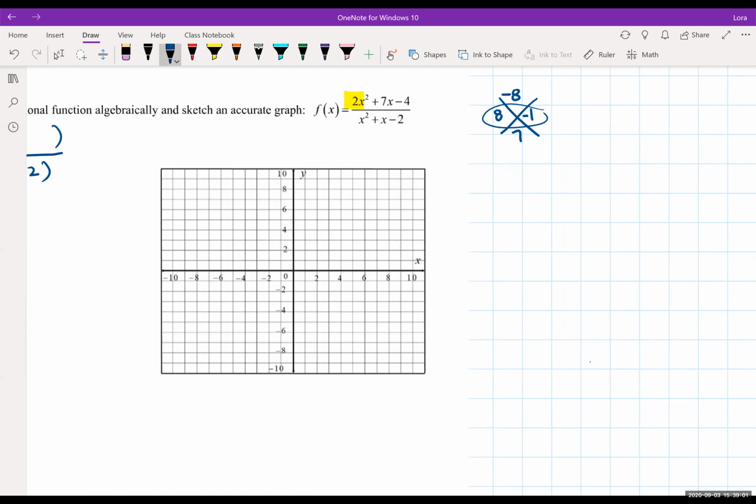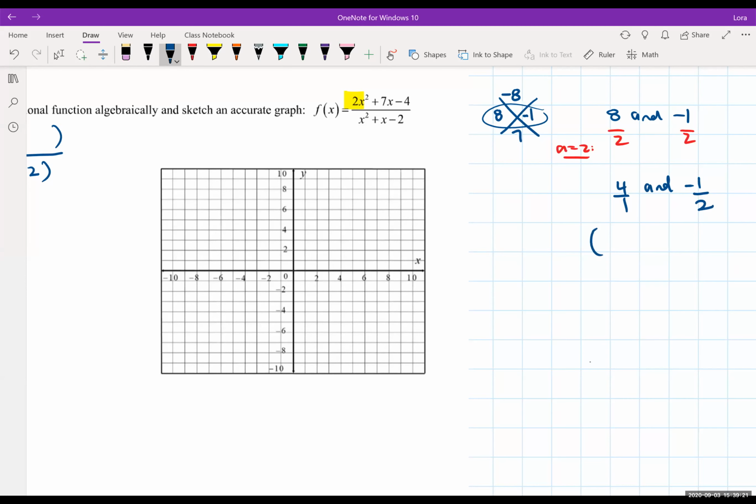When I say 8 and negative 1, because my a is equal to 2, I can divide both by a to help me out with the bottoms up method. So if I reduce, I have 4 over 1, and negative 1/2 did not reduce.